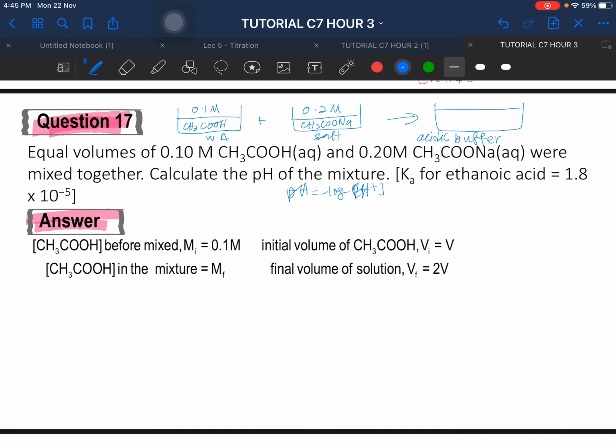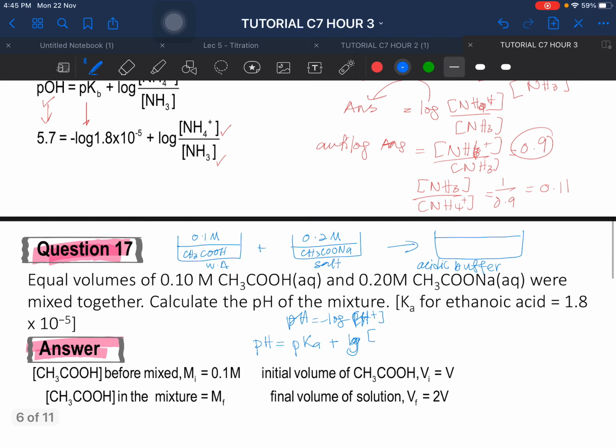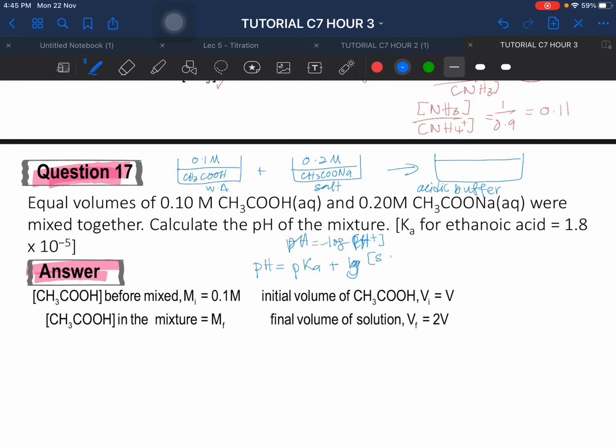So, we need to use the Henderson-Hasselbalch equation, where pH is equal to pKa plus log of the concentration of the salt over the concentration of the weak acid.